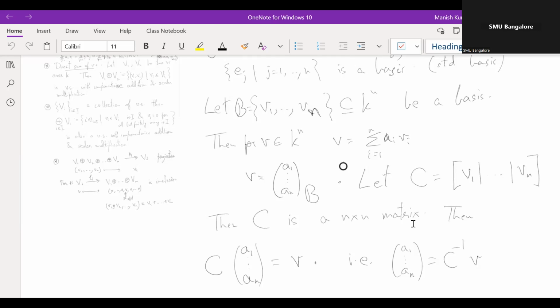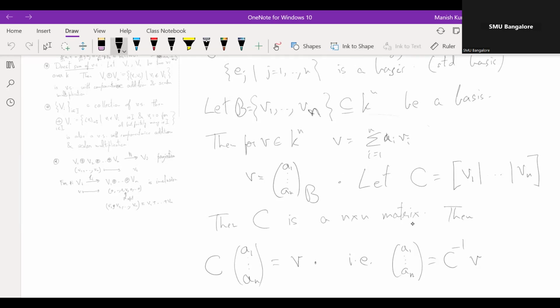So if you do the matrix multiplication of C times A1 to AN, you get precisely A1 times the first column plus A2 times the second column plus A3 times the third column and so on. So the two identities are the same.